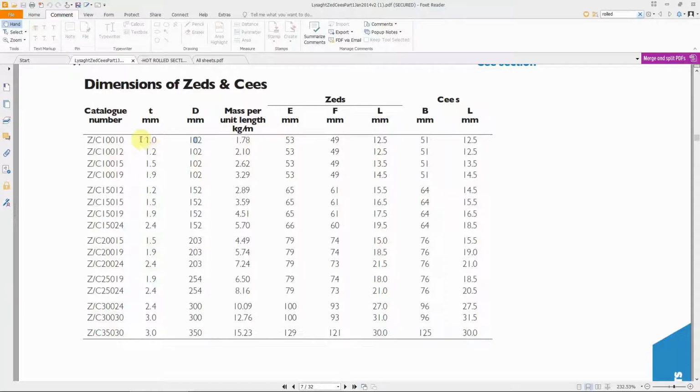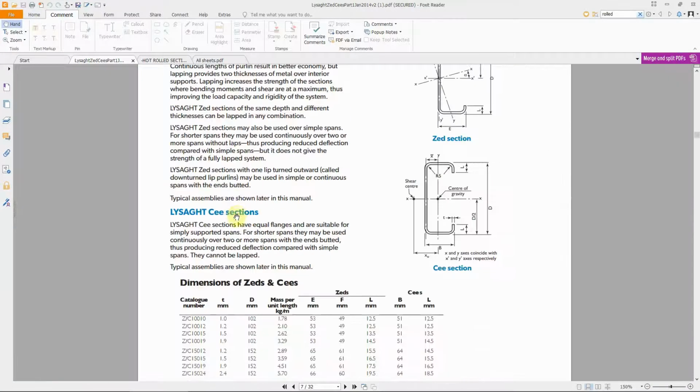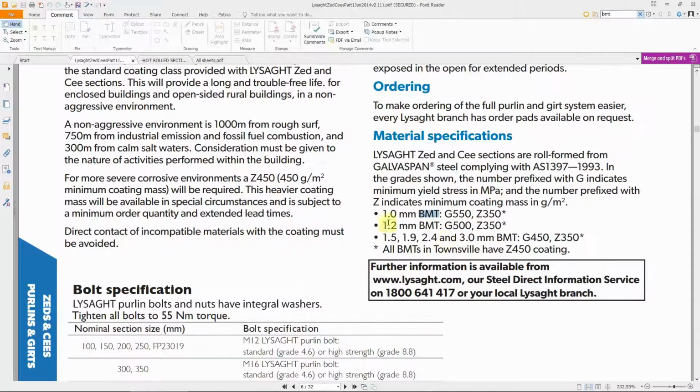Okay? The thickness here, it's BMT, what we call it, the BMT. Let me check where I can find the BMT for you, so you learn that one too. Control F, BMT. So, when you see BMT here, it refers to the base metal thickness. Why is it base metal thickness? Because this particular type of steel, because it's very thin, we have to protect it against corrosion.